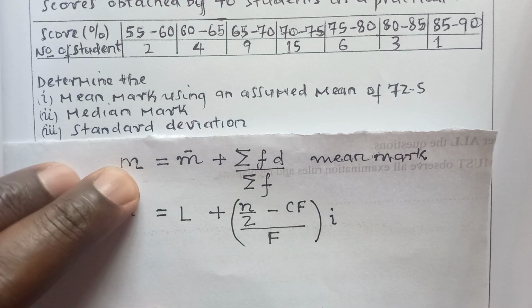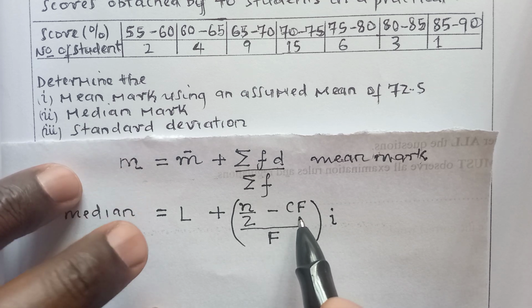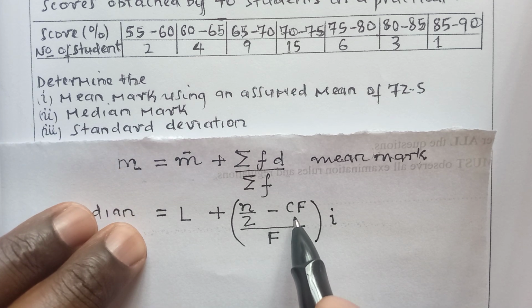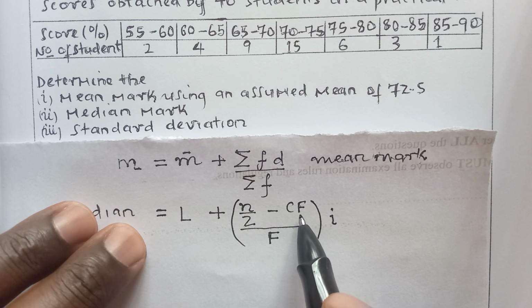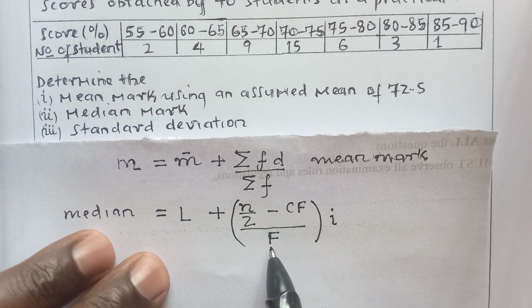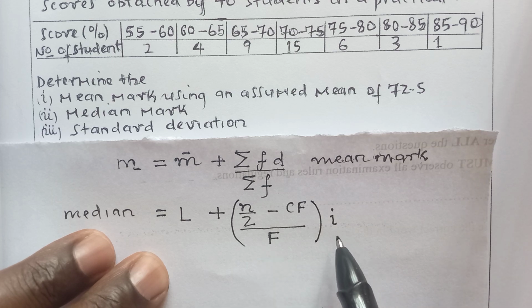And CF is the cumulative frequency before the middle class, while this other F is the frequency of the middle class, and I is the class interval.